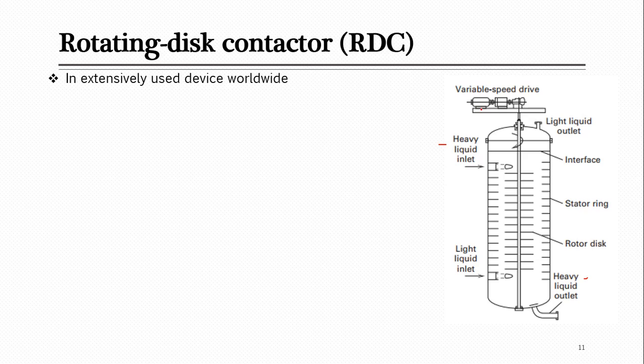We can change its speed, and at the end we will see why we go for this speed change. The shaft is connected with rotor discs, and then there are stator rings, which are also fixed throughout the column.